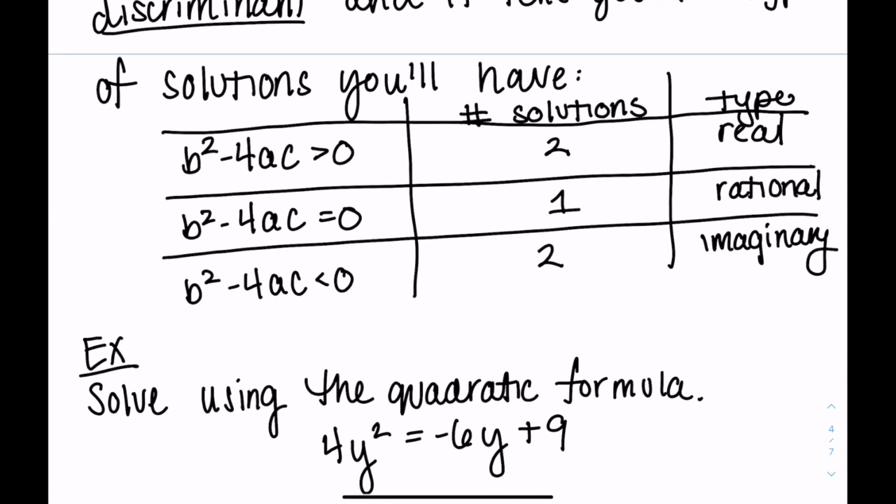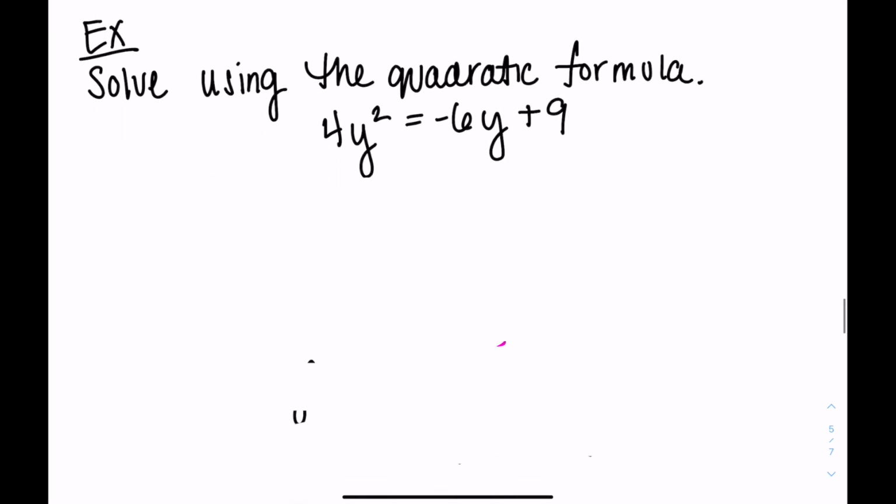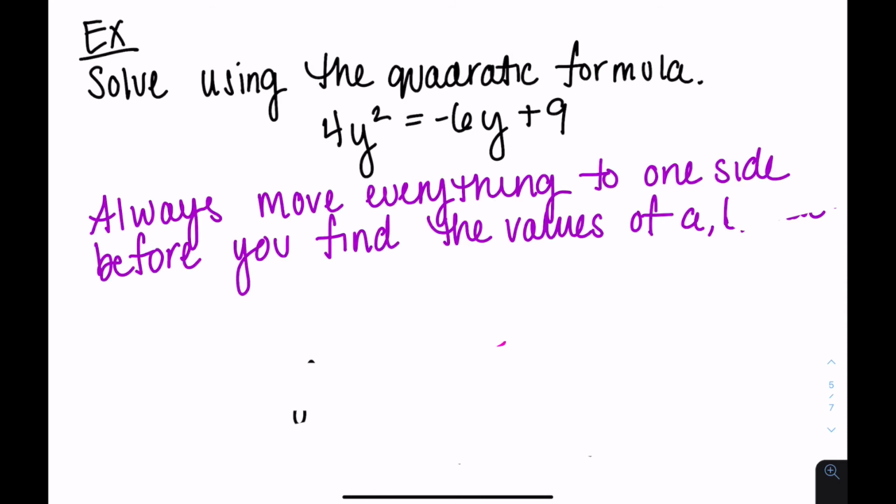So let's go ahead and let's just solve using the quadratic formula. So we've got the expression 4y squared equals negative 6y plus 9. So before I pick off my values of a, b, and c, you need to get this in standard form. So you have to move everything to one side.